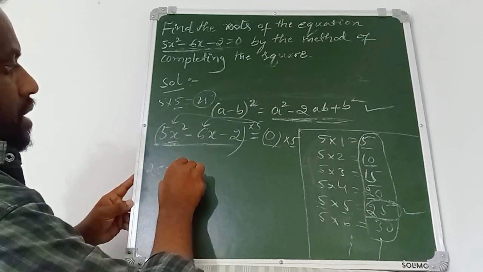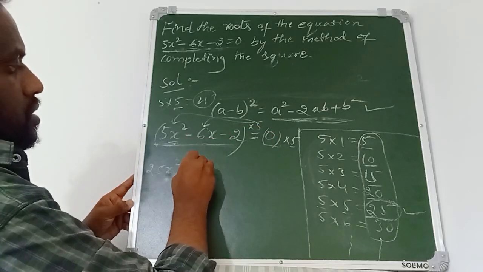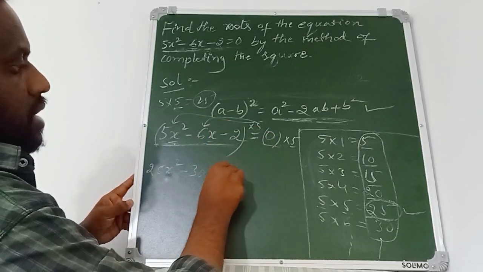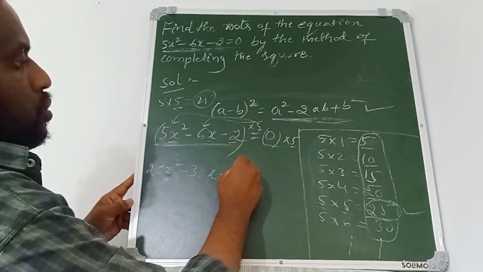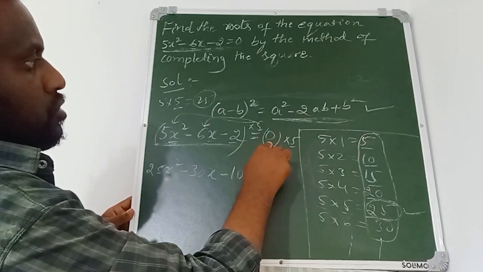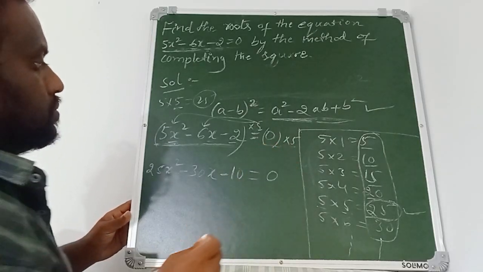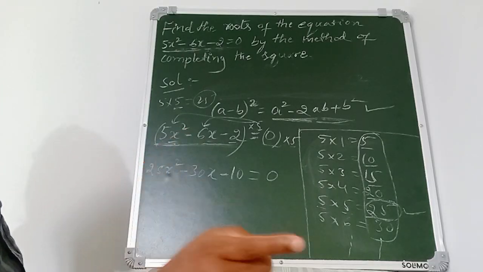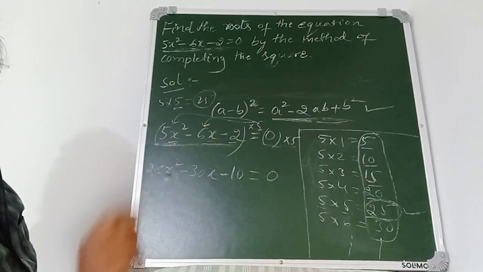First take the minus sign as it is. 5 into 6, 30. This x will be as it is. Next, this minus sign as it is. 5 into 2, 10. This equal sign. 0 into 5, we get 0 only. I hope till here you understood.